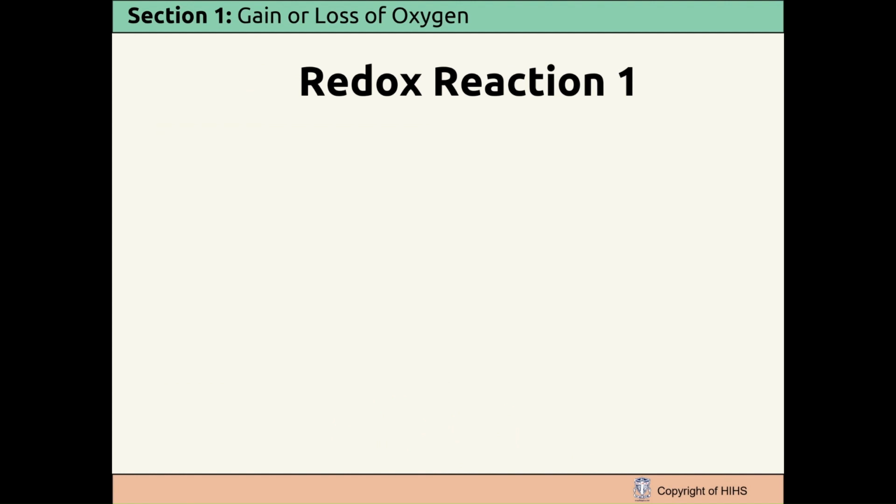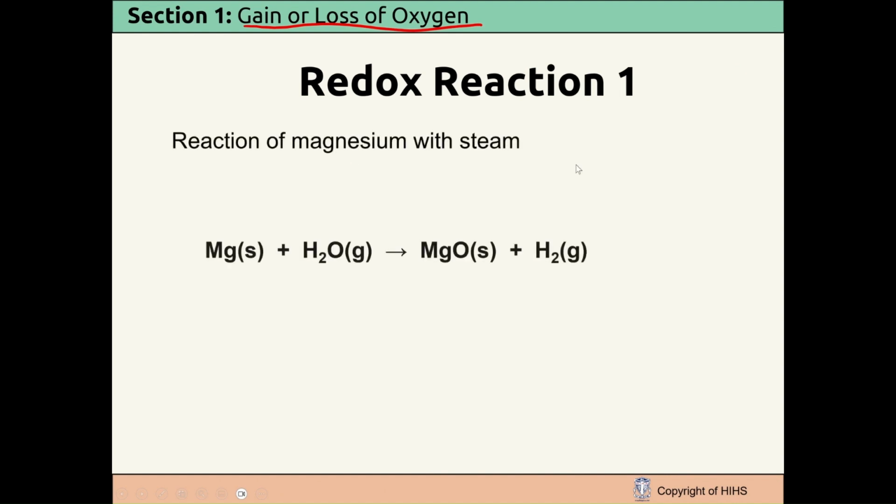So now we will start with section 1, gain or loss of oxygen. The first redox reaction that we are studying is the reaction of magnesium with steam. Magnesium reacts with water in its gaseous state, which is steam, to form magnesium oxide. Over here, we focus on magnesium first. Magnesium as a reactant has no oxygen.